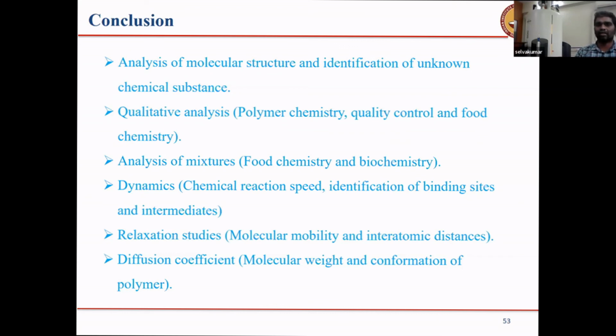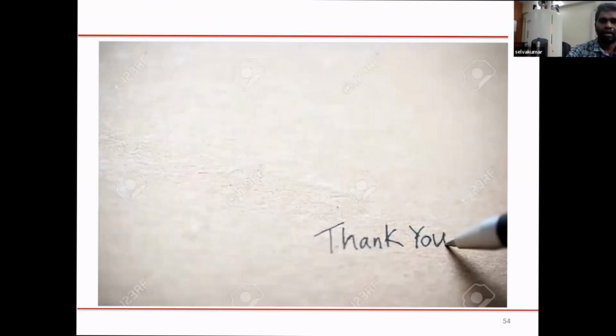Mixture analysis will be useful in food chemistry and biochemistry. And dynamics, chemical reactions, the rate of the reaction, we can find out through dynamic NMR spectroscopy. Relaxation studies will be useful for molecular mobility and interatomic distances. Those are the things we can find out. From diffusion coefficient values, we can find out the molecular weight of polymers and oligomers. Thank you.